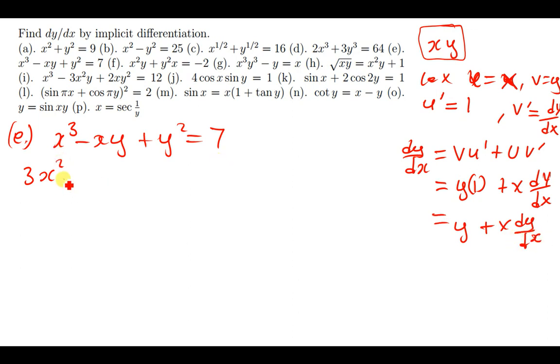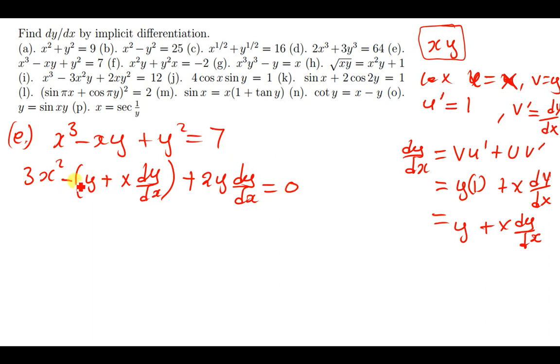So we have negative. Whenever you are replacing, I always encourage you to put everything you are replacing in brackets. So plus, then we have x dy/dx. Then we have plus. When you differentiate this part, this will give us 2y, because you're differentiating y, you always have to add dy/dx. Then this is equal to 7, but the derivative of 7 is 0.